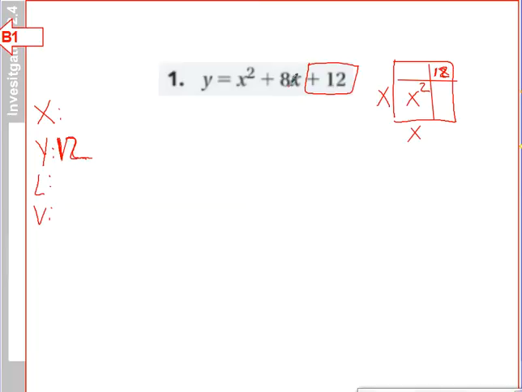Well, we know 6 and 2, right? 6 times 2 is 12, where 6 plus 2 is 8. So then that means we have y is equal to x plus 6 times x plus 2.